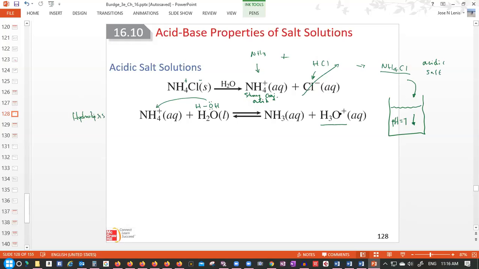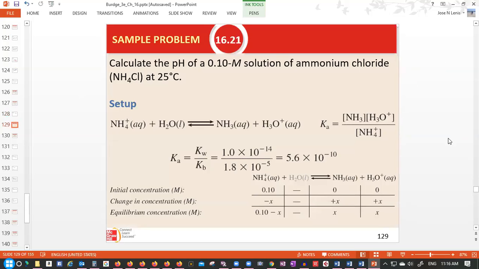And that will happen with any strong conjugate acid. And the mathematical treatment to solve problems is similar to the one we did before. Let's do this one. Calculate the pH of a 0.10 molar solution of ammonium chloride at 25 degrees Celsius. So again, the strategy, what is that?